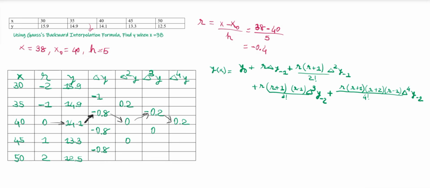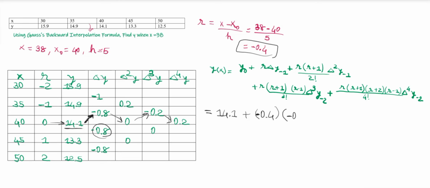Now all we need to do is just to input all of these values in the formula. So y of x will be equal to, our y naught is 14.1, then r is minus 0.4. What is delta y minus 1?